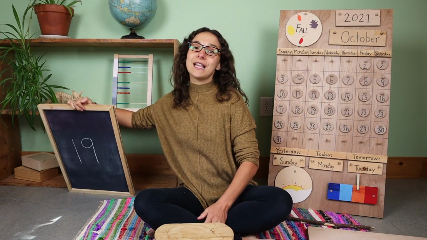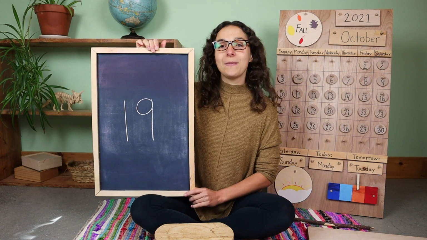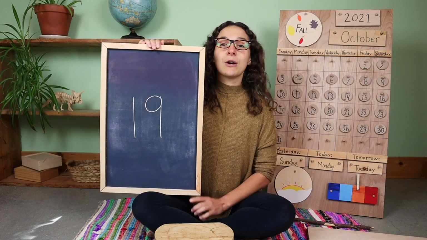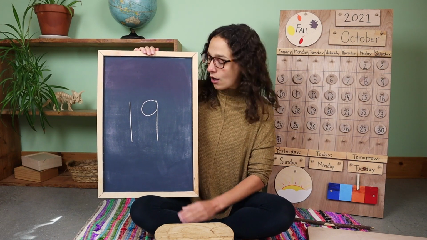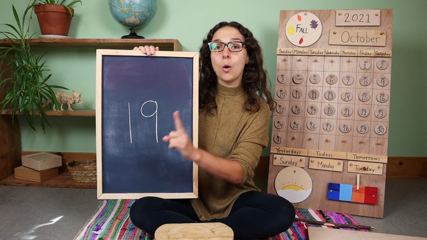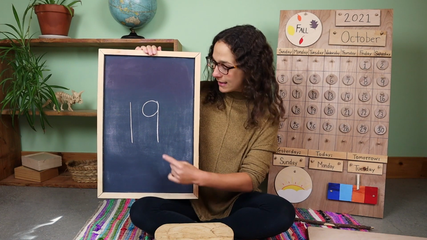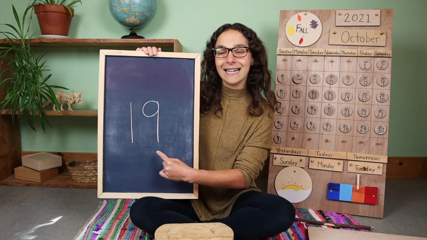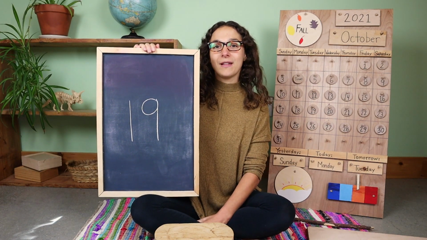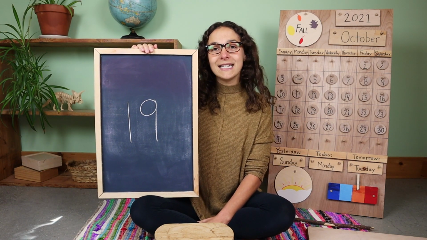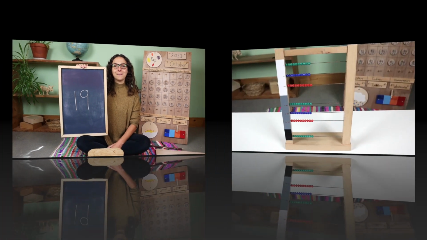And here is the new number of the week. This double-digit number is the number 19. And when you write the number 19, first you write the number 1, and then you write the number 9. 1, 9, 19. Let's count to the number 19 together using the large bead frame.